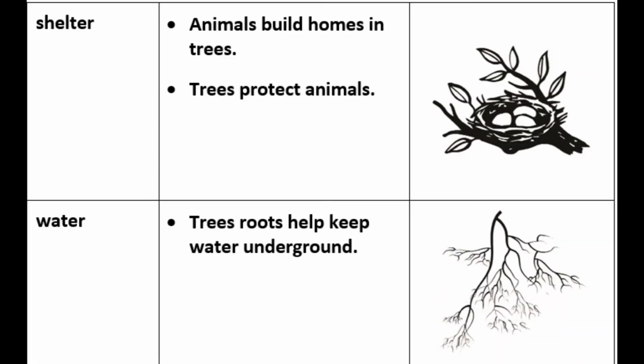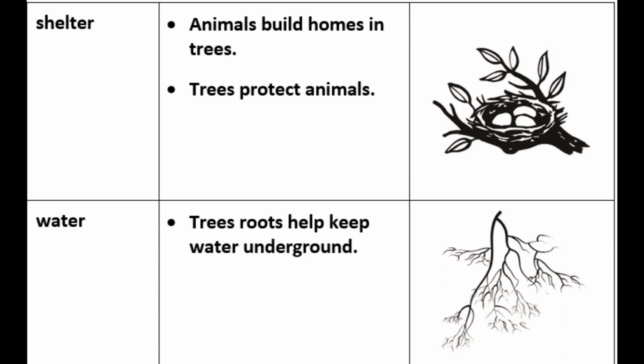Can you think of another thing that trees provide? Think, think, think. Yes, trees provide water. So, tree roots help keep water underground. And just like we read in our text, we know that people bring that water up from the ground with wells and rely or depend on that water to drink.